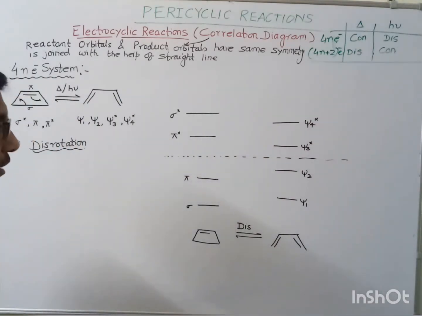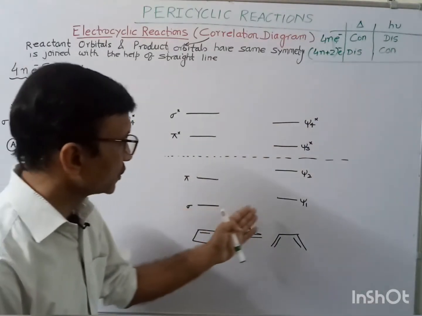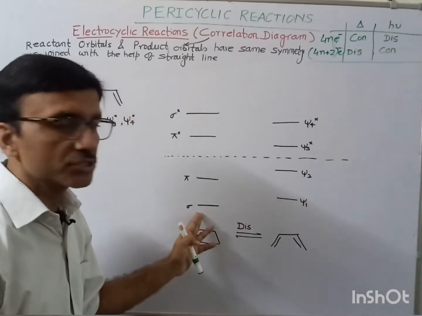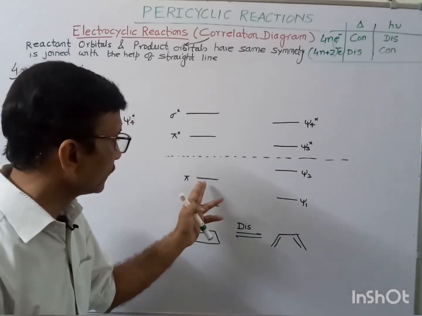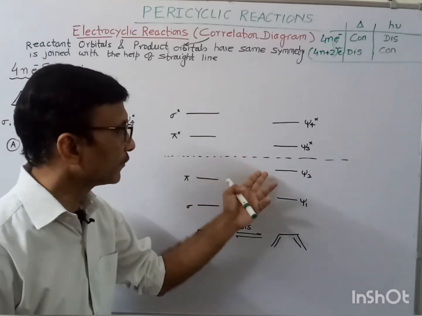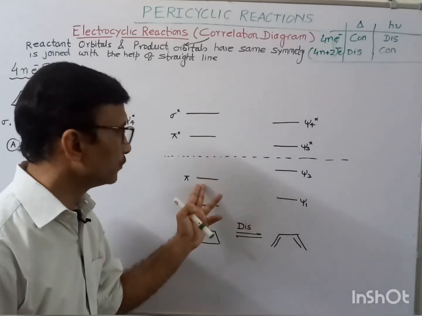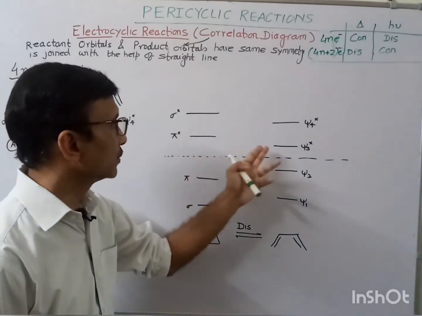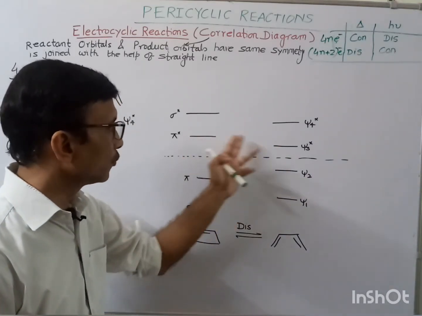Now, why have I drawn psi1 below pi, psi2 below this pi, and psi3 star below pi star?